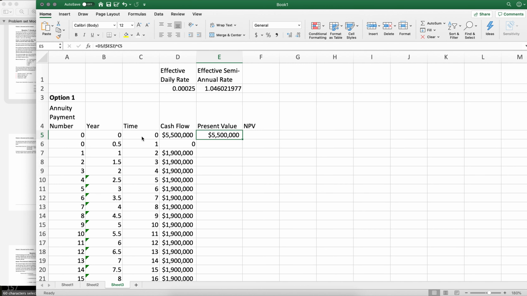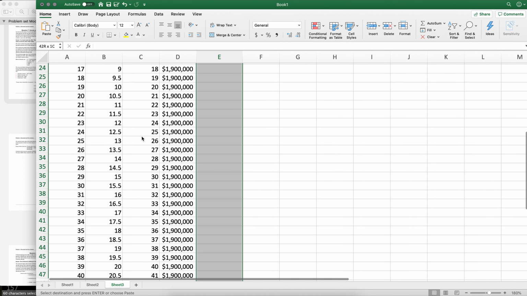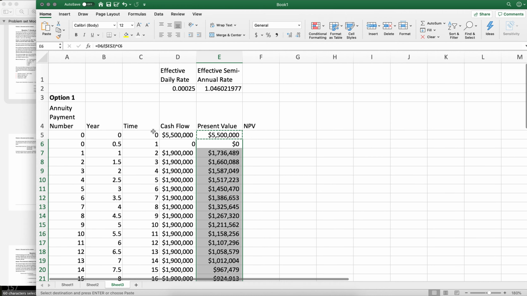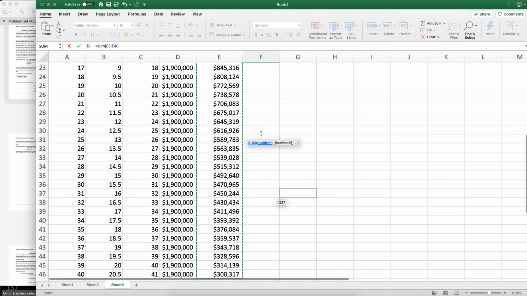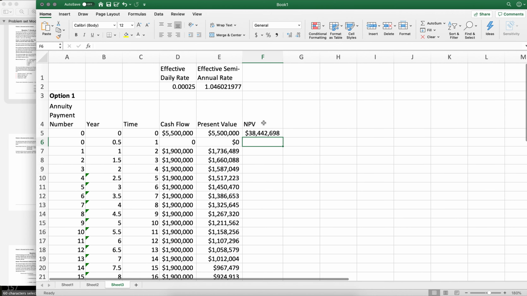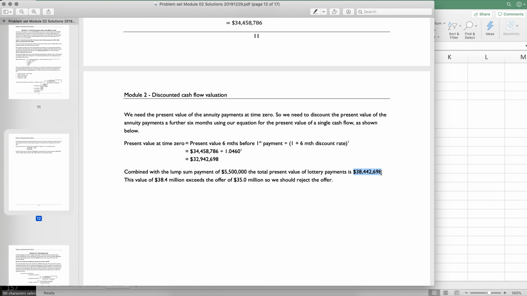This is the same exact formula that we have used from the beginning of the class. Okay, 38,442,698 is the answer.